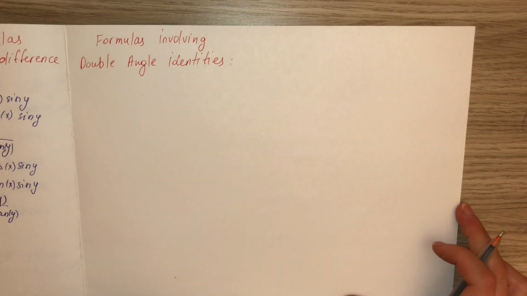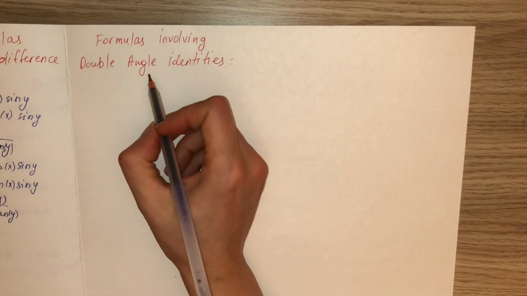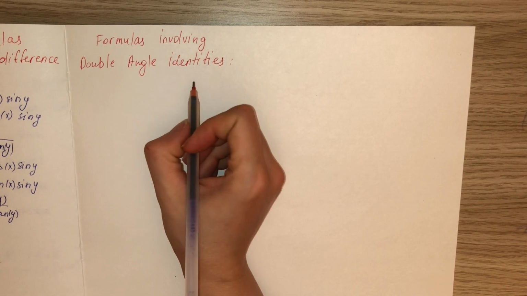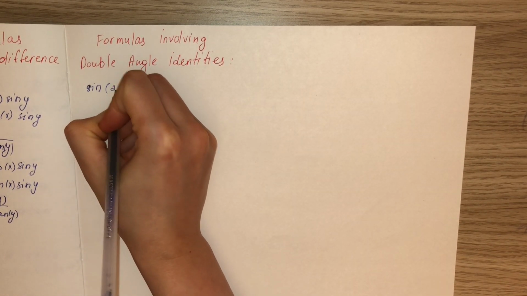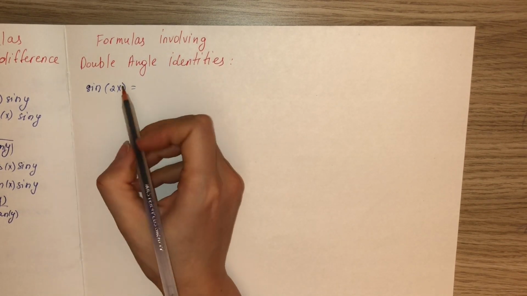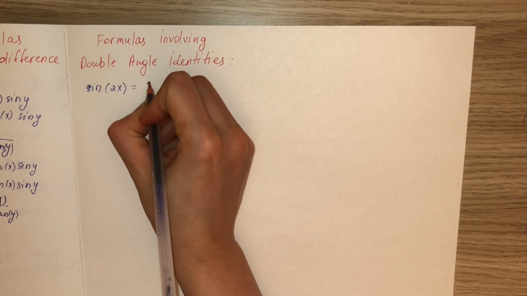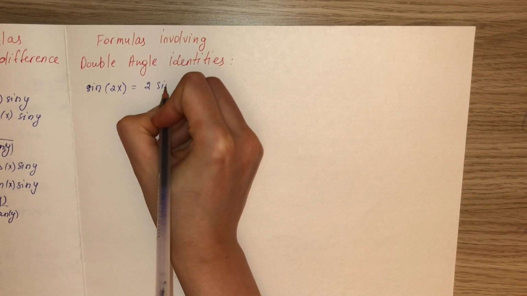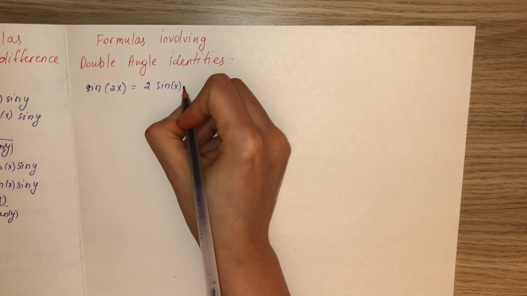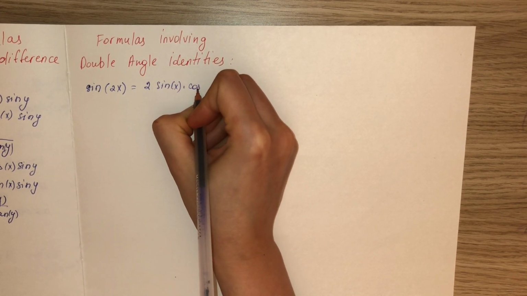And next are formulas involving double angle identities. So sine 2 times x. If we want to reduce the degree twice, we will get 2 times sine x times cosine x.